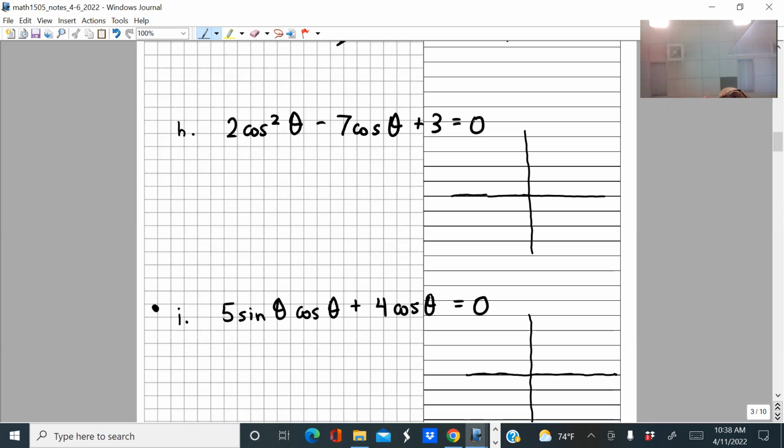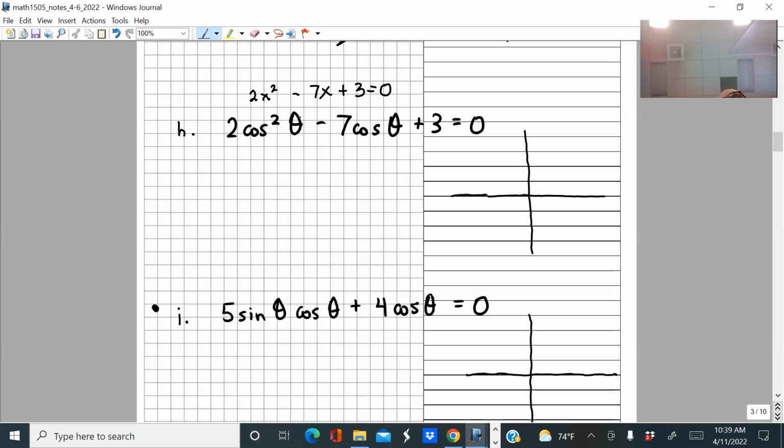If you wrote that like you do in college algebra, say, well, I have 2 times some quantity squared, but I'm going to call the quantity x in algebra, instead of cosine theta, minus 7 times that same quantity, which I'm calling x, plus 3 is equal to 0.